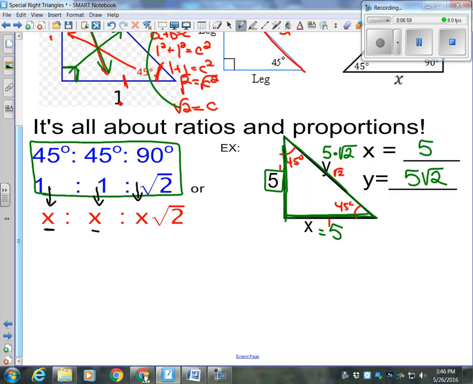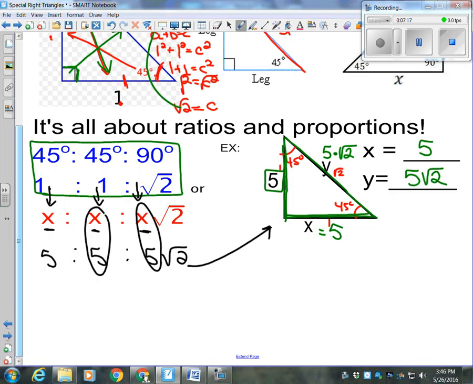So this could be thought of as the new proportions for a different triangle that's not just 1 unit. Kind of like that one turned out to be 5 units, 5 units, 5 units square root of 2. That's what happened in that one. So of course my x, my scale factor, was a 5. All right? That is a special right triangle, 45, 45, 90.